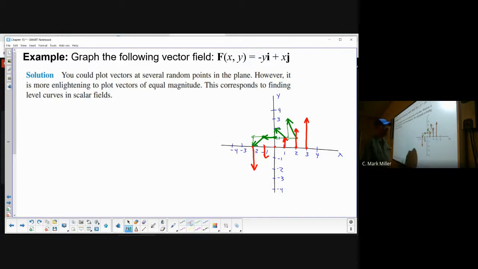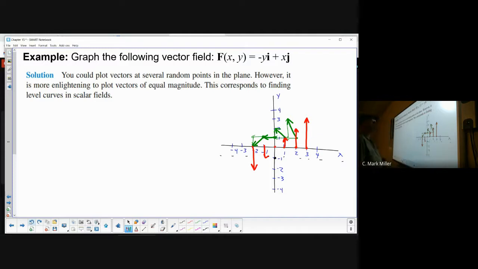Let's go down to y equals -1. So along this line here, let's start at -1, 0.